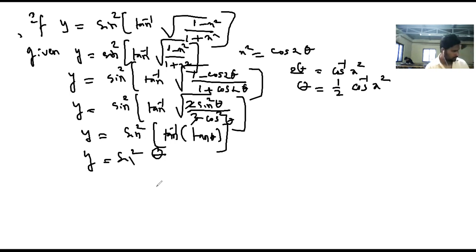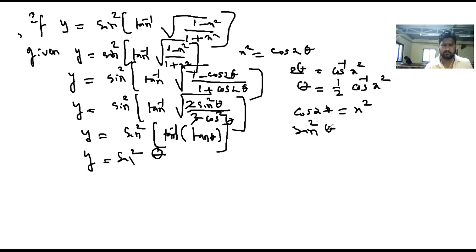Is there any other way to solve this? See, I will do it. We know that cos 2 theta is x square by our substitution. So what is sin square theta in terms of cos 2 theta?